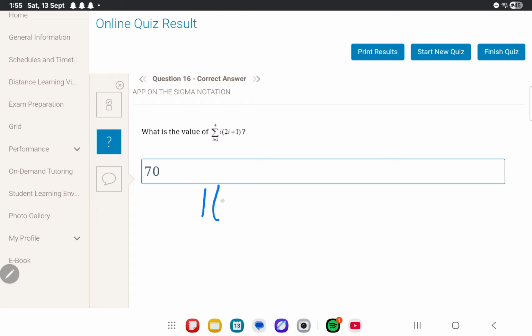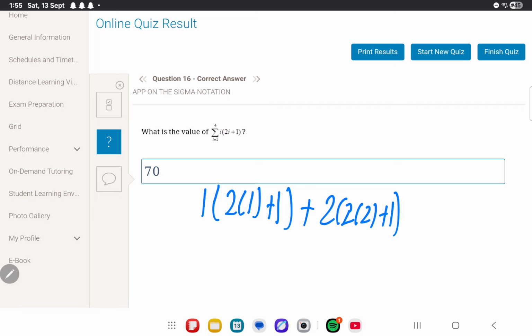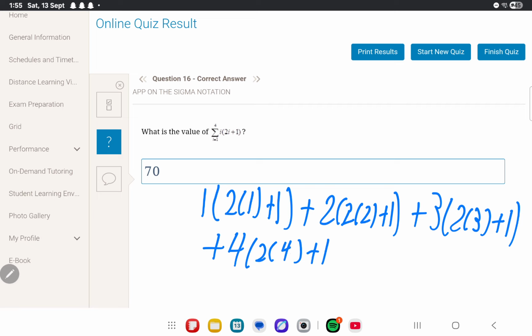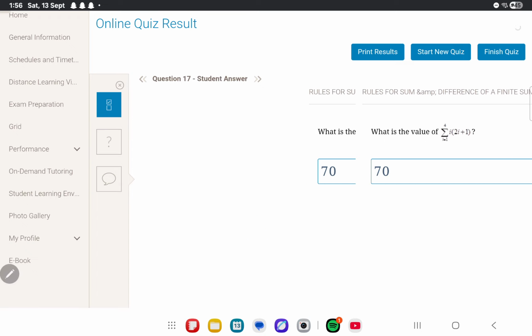So 1 into 2 times 1 plus 1, plus 2 into 2 times 2 plus 1, plus 3 into 2 times 3 plus 1, plus 4 into 2 times 4 plus 1. Obviously you should do this on a calculator because they might ban integral calculators, and non-integral ones don't have summations. Close the bracket, equals 70. That's your final answer. Question 17.